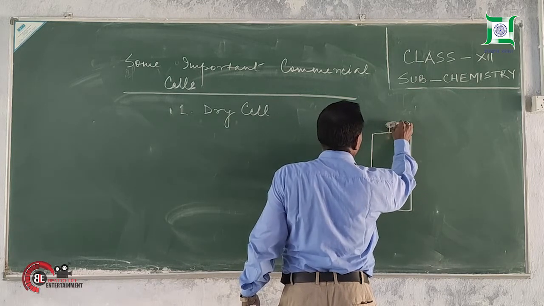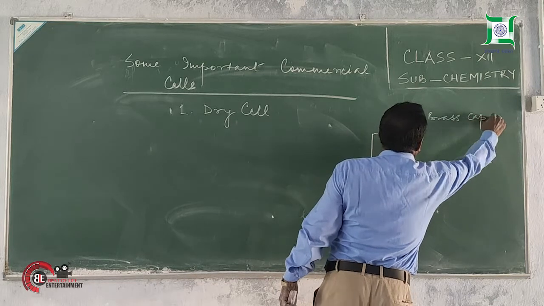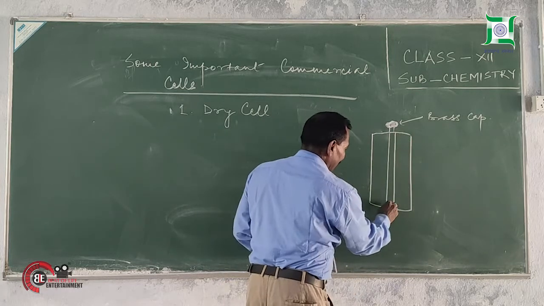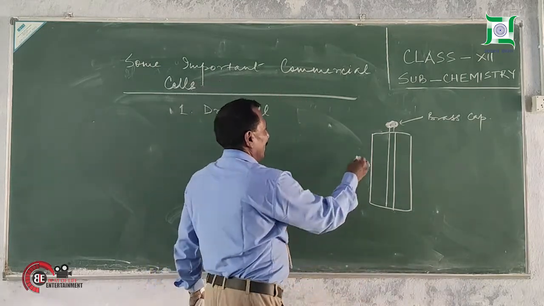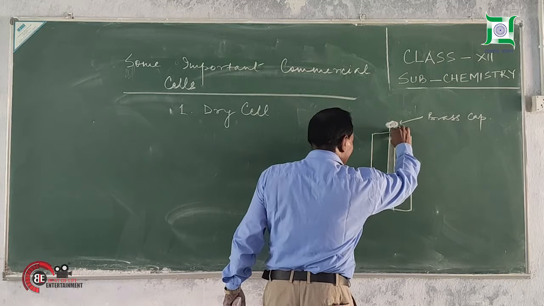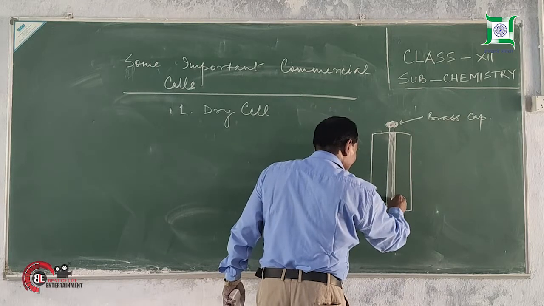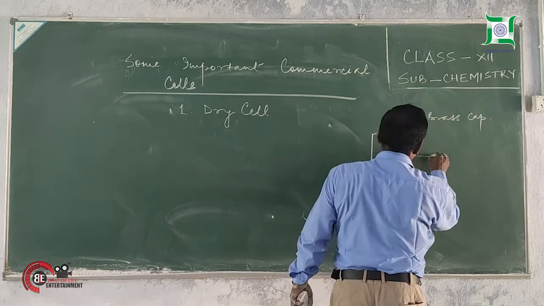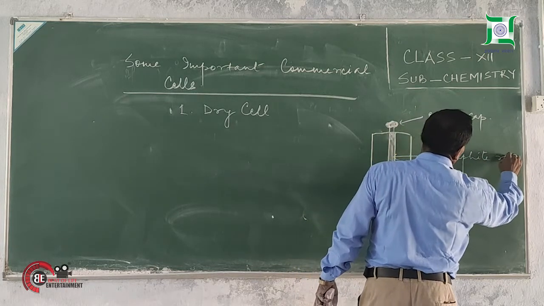Here is a brass cap, and in the middle, when a dry cell is broken, you will see there is a dark or black rod in between, and this black rod is a graphite rod.